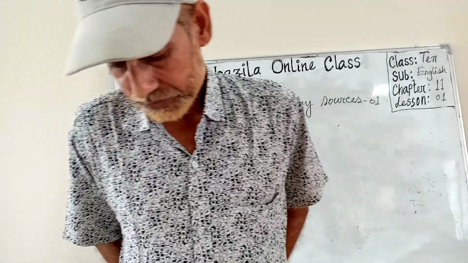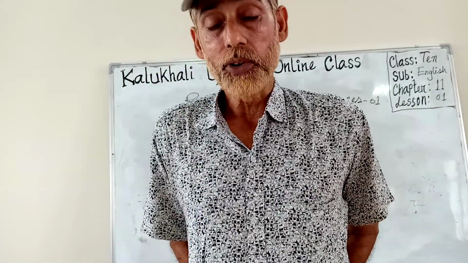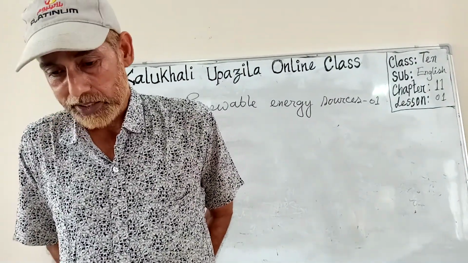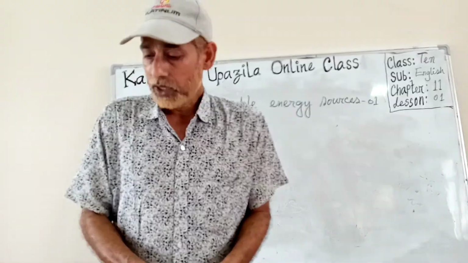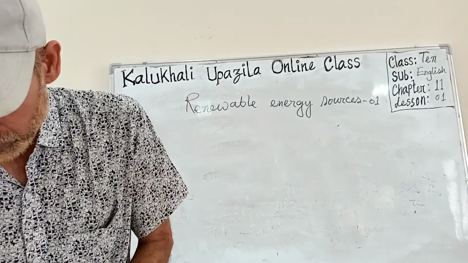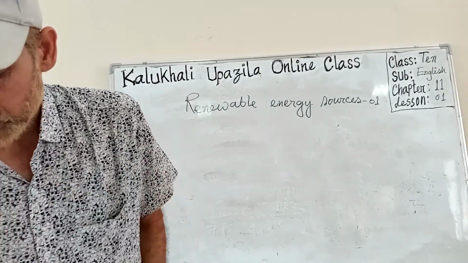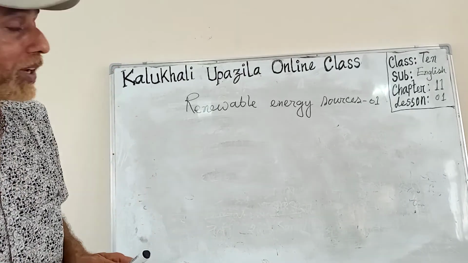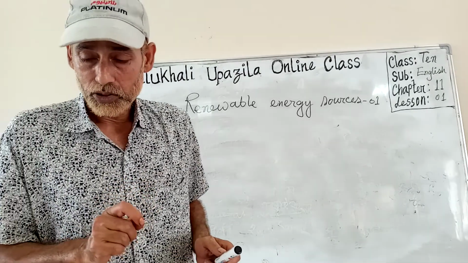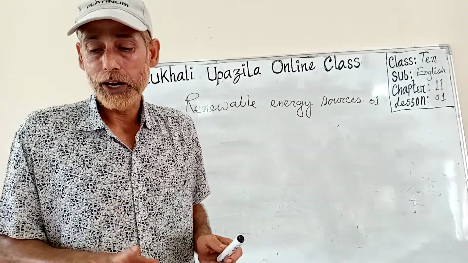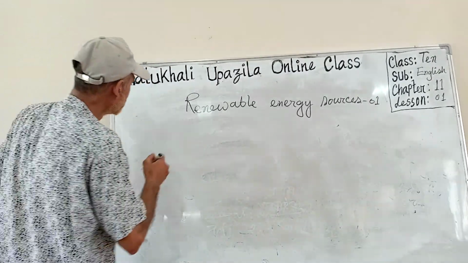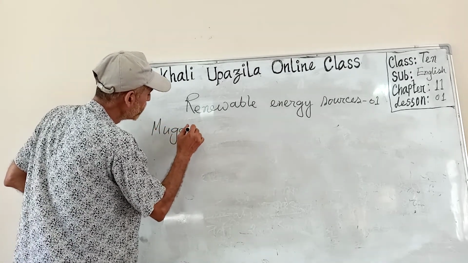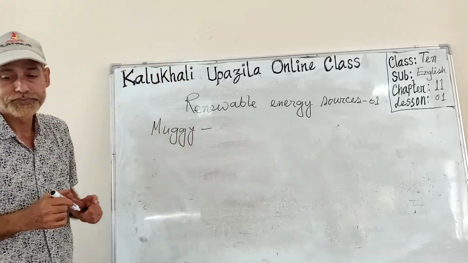I think that you have already finished reading, and there are some words whose meaning you do not know, so I am now writing them. Please note them down in your notebook. Now, muggy, M-U-G-G-Y.